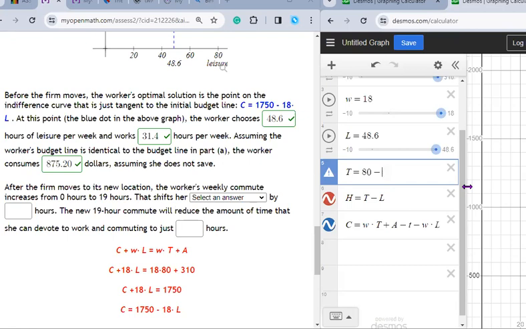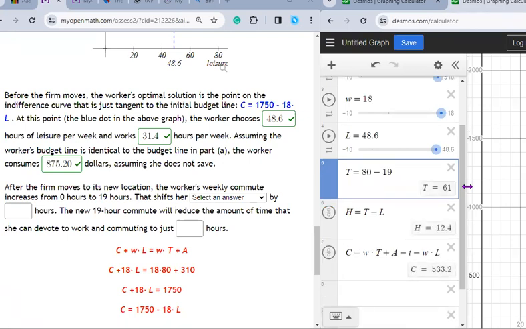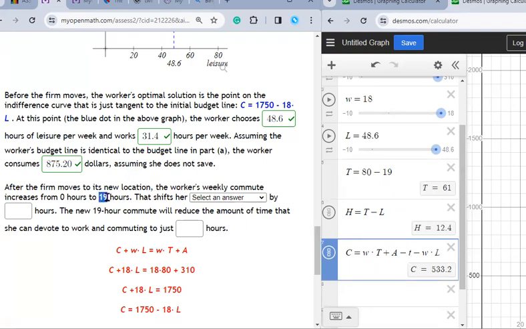Now it is not 0. Moving to the new location adds 19 hours a week to her commute. So now 61 is the maximum, because it's a 19-hour commute per week. Instead of 80 as the maximum amount of leisure she could have, it's now 61.